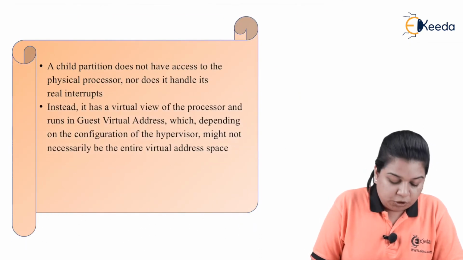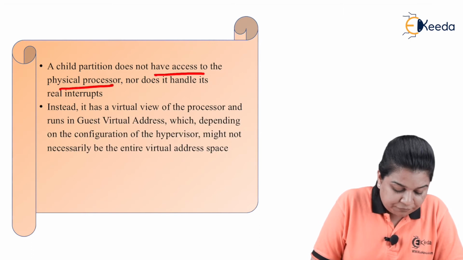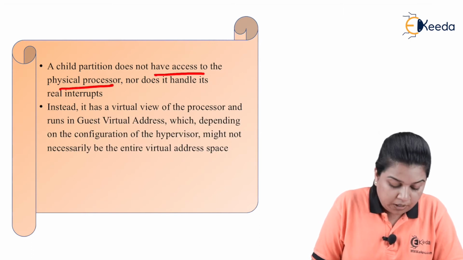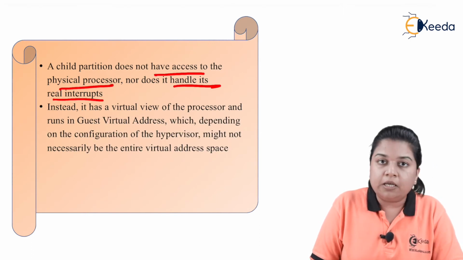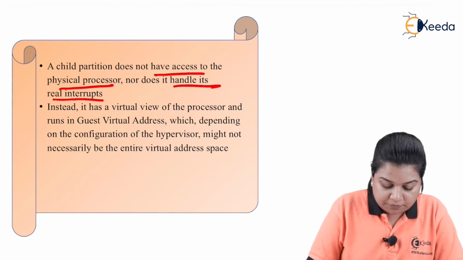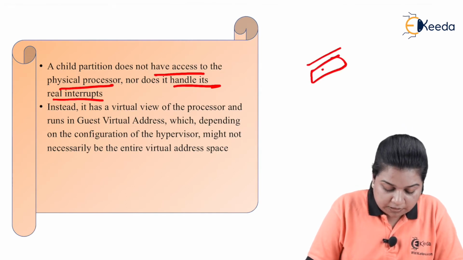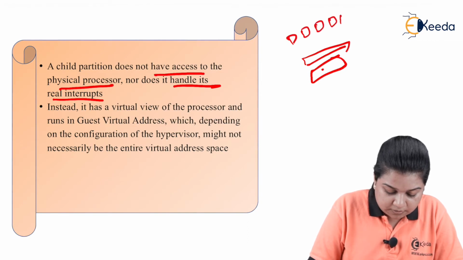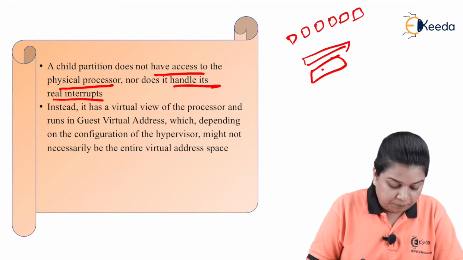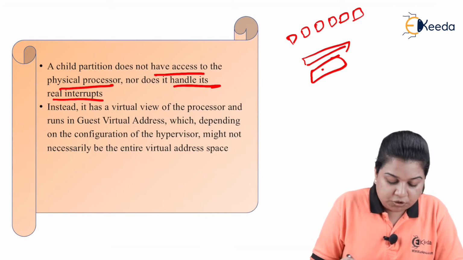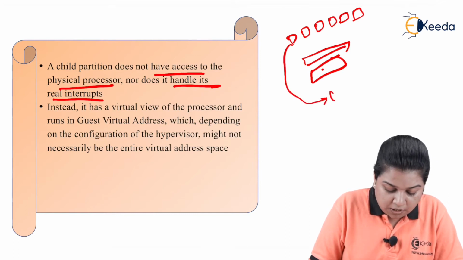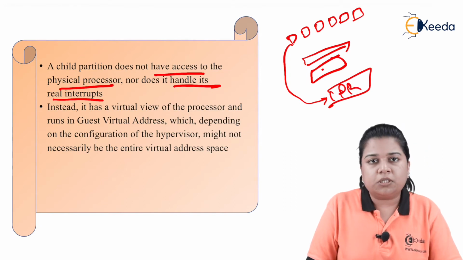A child partition does not have access to the physical processor, nor does it handle its real interrupts. That means we have this parent partition, then hypervisor, then child partitions here. So these child partitions do not have any access to the physical processor or physical hardware resources.